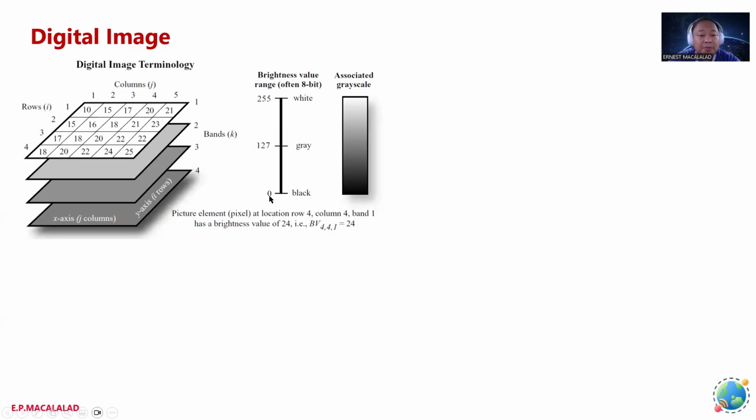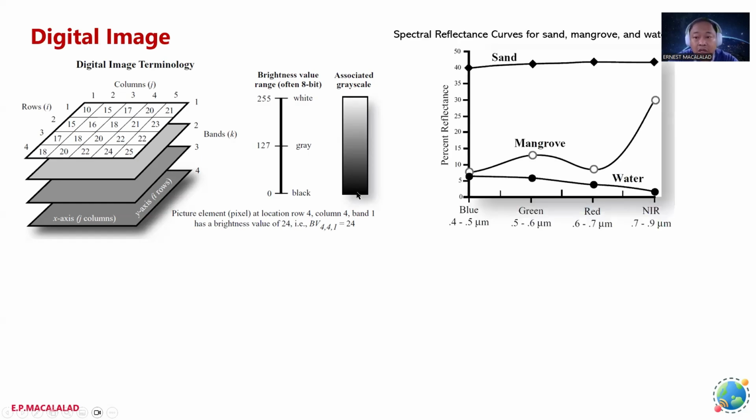If it's absolute value, that's 0 to 255. But if it's normalized to 1, this is 0 to 1 with increments of 1 over 256. So each value here pertains to the brightness of the pixel at a specific band. And it has an associated grayscale image.